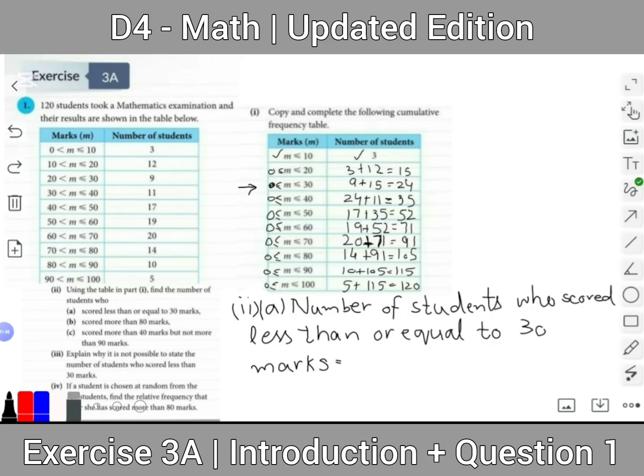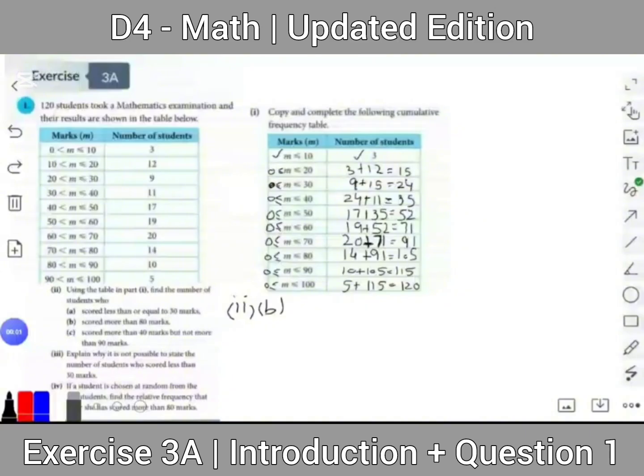The frequency of the students who scored less than or equal to 30 marks is equal to 24 according to the table. So the number of students who scored less than or equal to 30 marks is equal to 24.